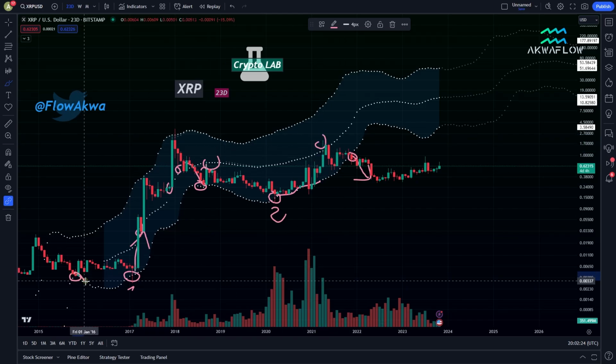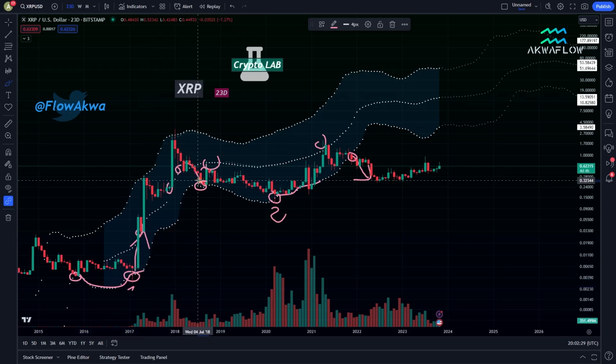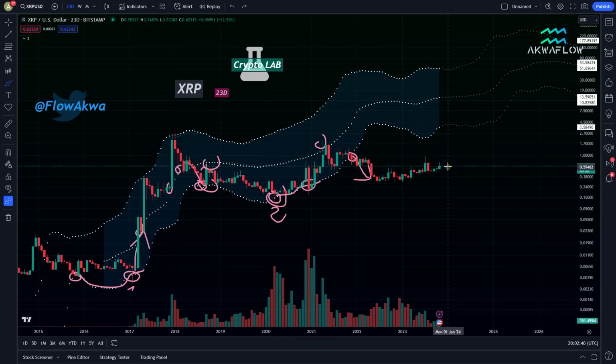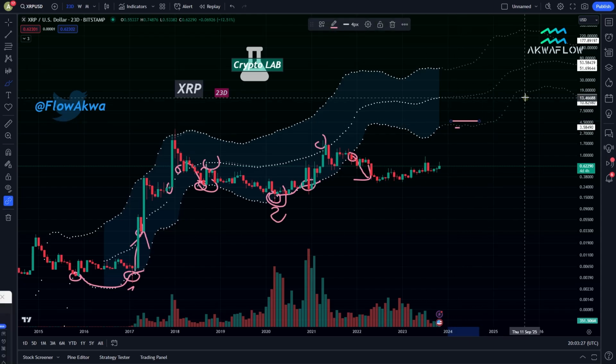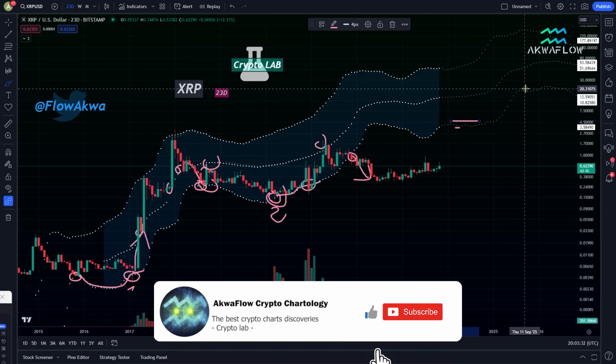So you see that the bottom of the band was a wonderful support for us here and here and here and here, right? That's why I think that it could become a resistance in the future. And in that case, in the coming months, XRP will stay in the $3 to $4 range and reach about $20 in 2 or 3 years.